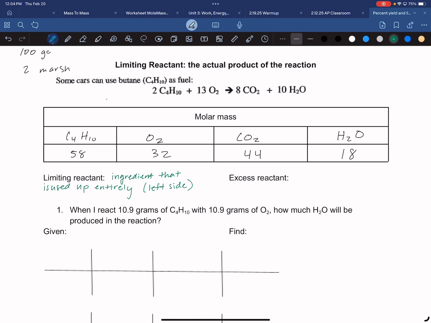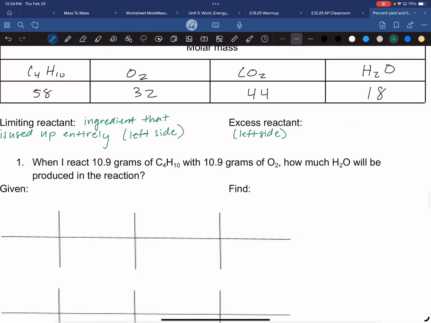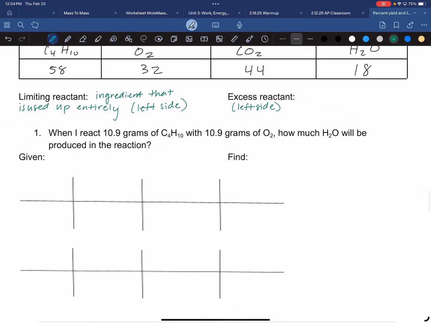Same thing with your excess reactant. And like we said, what is the word that can be used to describe excess? A lot. Starts with an L. Leftovers. Yes, because we have a lot of it. Therefore, it's our leftovers. Ingredients leftover.